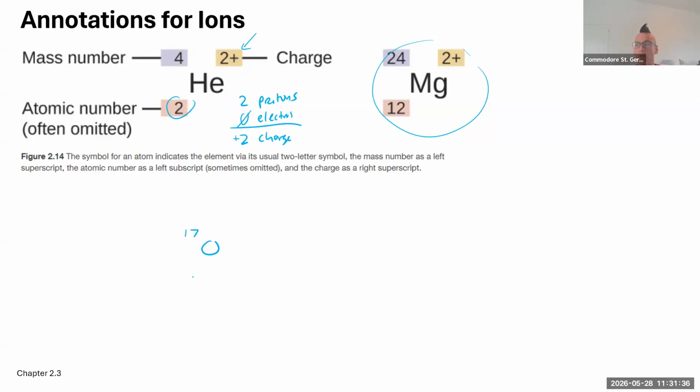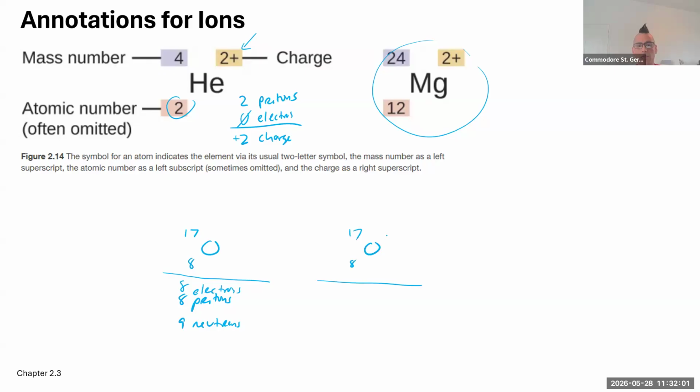Wait, oxygen is an atomic number of 8, so it has 8 protons. So this oxygen has 8 protons. It has 9 neutrons, and it has 8 electrons. Right?